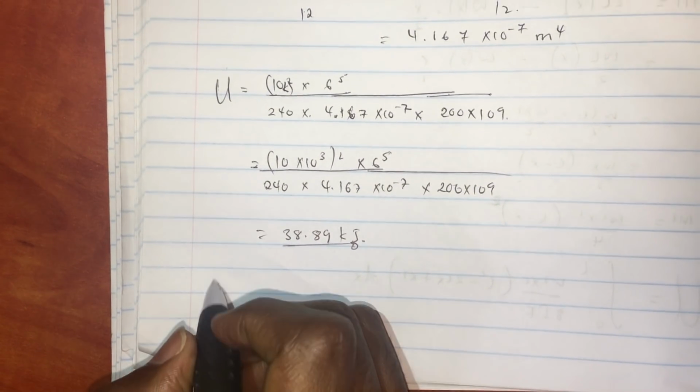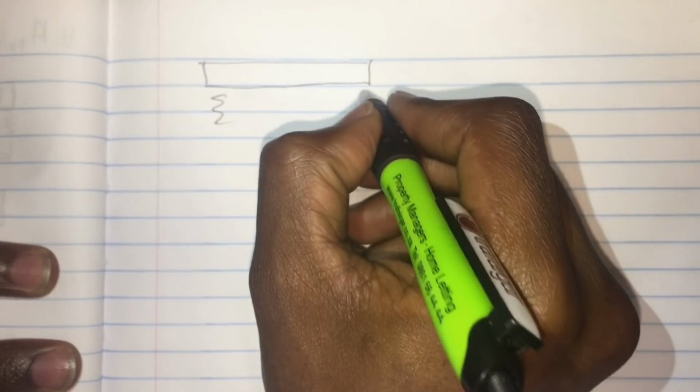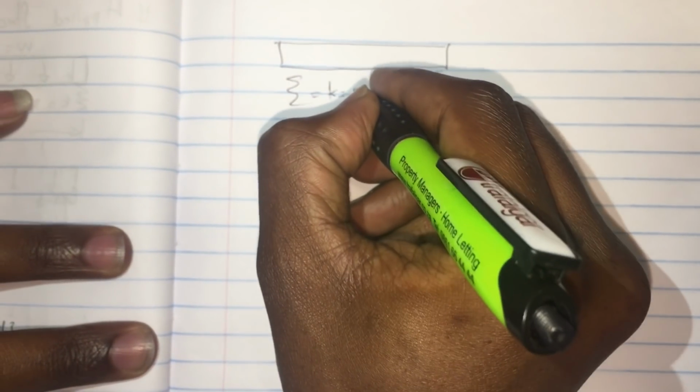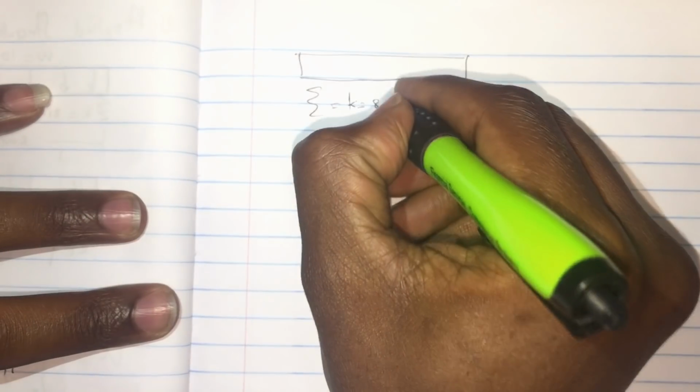Moving on to the second section, which is the springs. Let me just go to a fresh page. We're saying that there's a beam which is supported by springs, with a spring constant of 8 meganewton per meter.